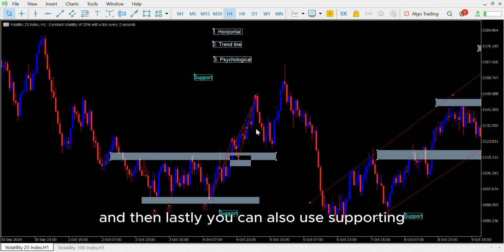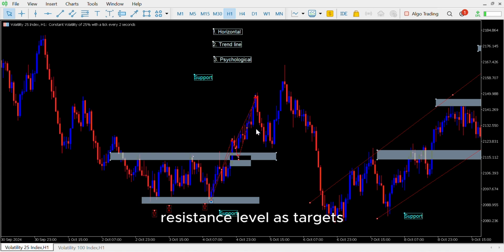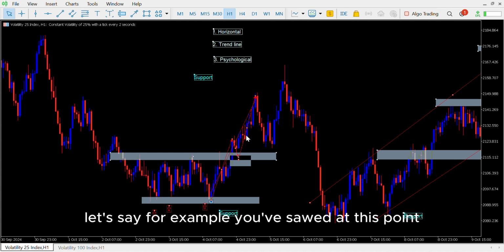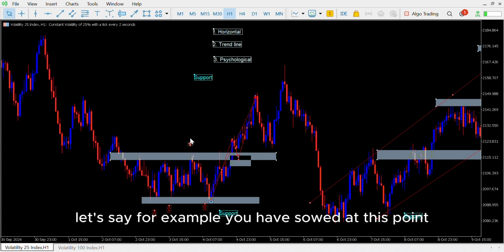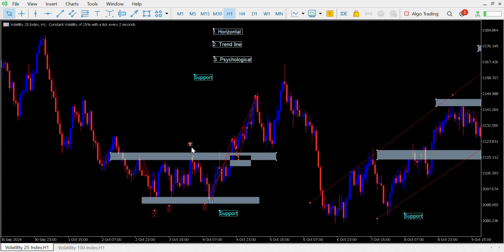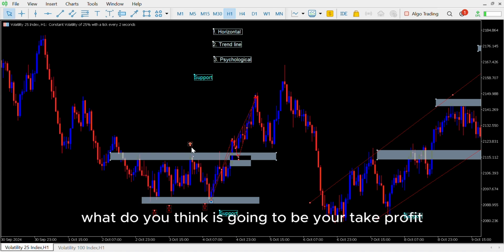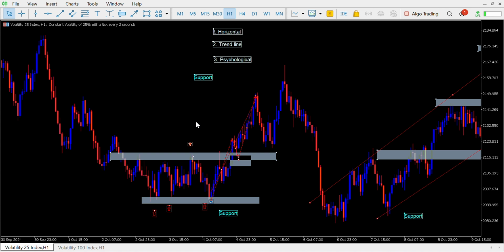And then lastly, you can also use support and resistance levels as targets. Let's say for example you have sold at this point. What do you think is going to be your take profit?